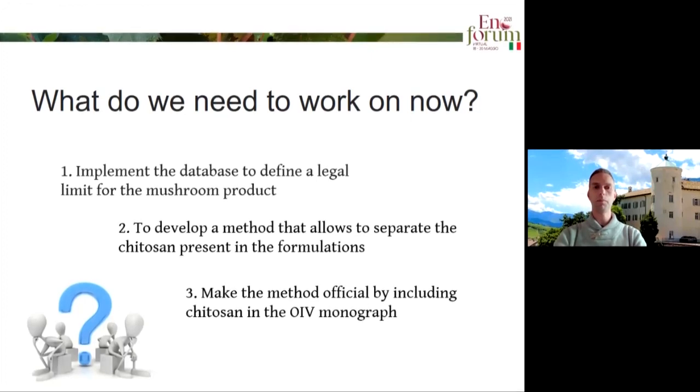We must develop a method that allows to separate chitosan in complex matrices in order to test commercial products, because to date we only make our tests on pure products after washing it in water in order to eliminate organic acids that can be present, while in complex matrices, which include bentonite, we will need to separate chitosan in order to avoid altering the final isotope ratio.